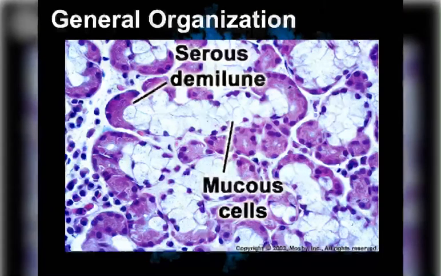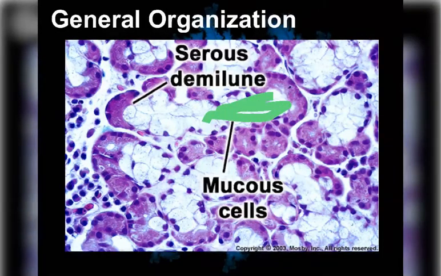We have here a mucus tubule. At the end of it, we have a serous demilune. So this should be an example of a mixed salivary gland, because when you have serous and mucus, then you are talking about a mixed salivary gland.